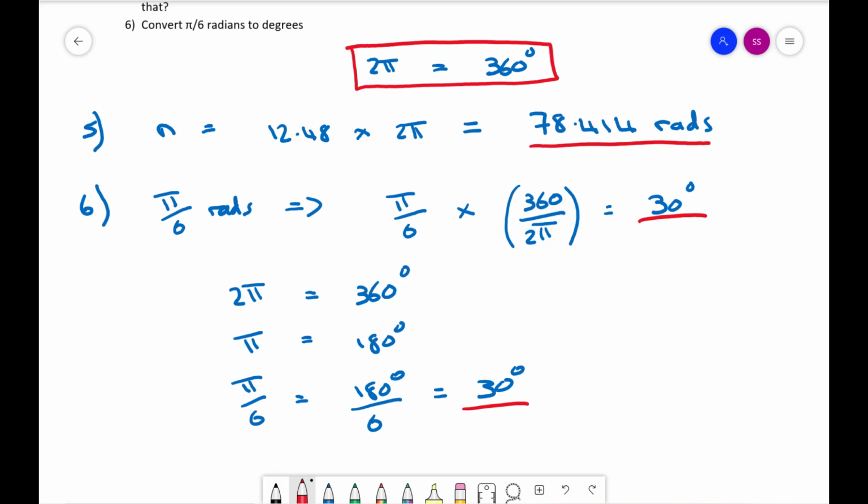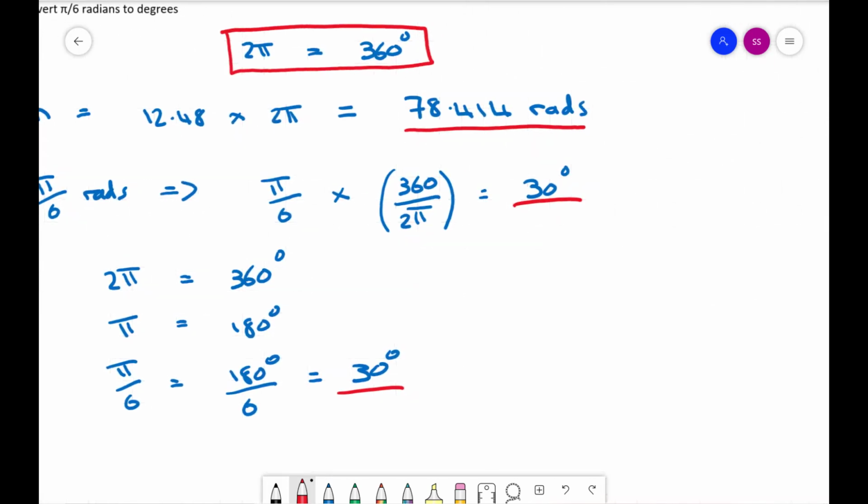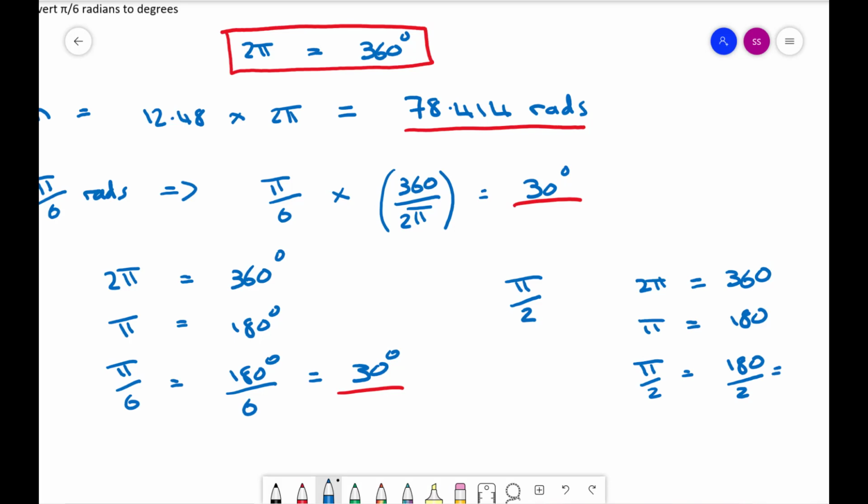You could also get other ideas as well, like another one that regularly pops up on the exam is to convert pi over 2 radians. So if we did pi over 2, for example, what's that one going to be equal to? Same deal. You can start with 2 pi equals 360, so therefore pi is 180, so therefore pi over 2 would be equal to 180 over 2, which would be equal to 90 degrees.